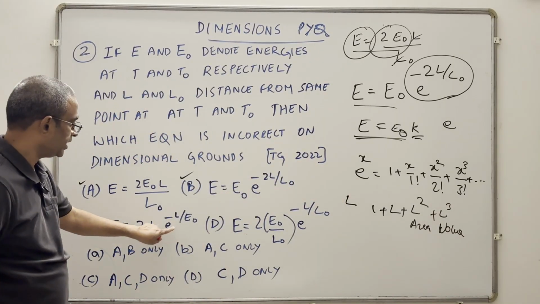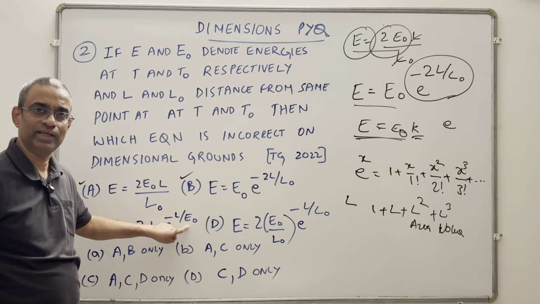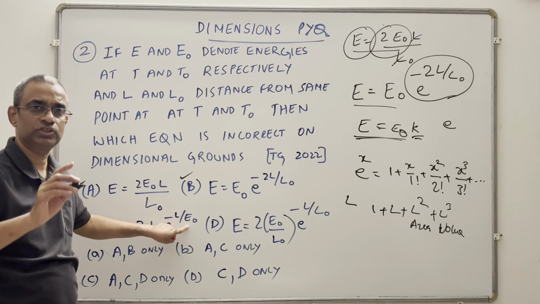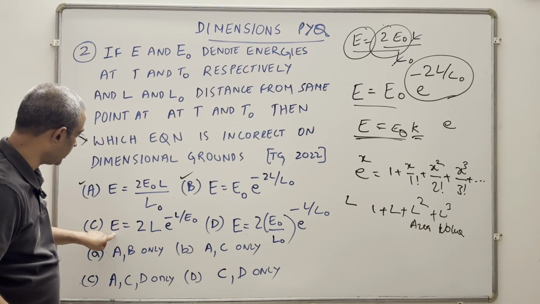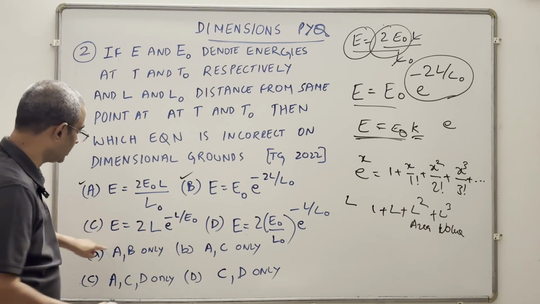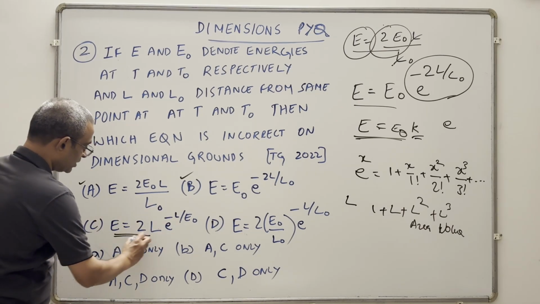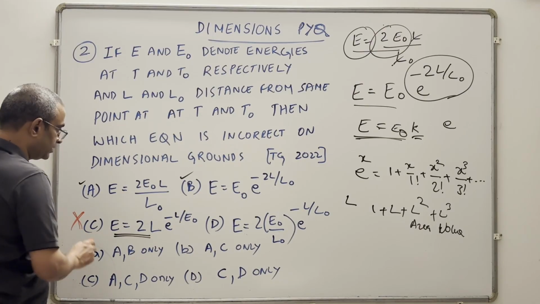Here it is not a pure number because length is being divided by energy. We have some dimensions which is not a pure number. Also, energy is equal to 2 into length into something. So clearly this is not dimensionally valid. So this is not correct.